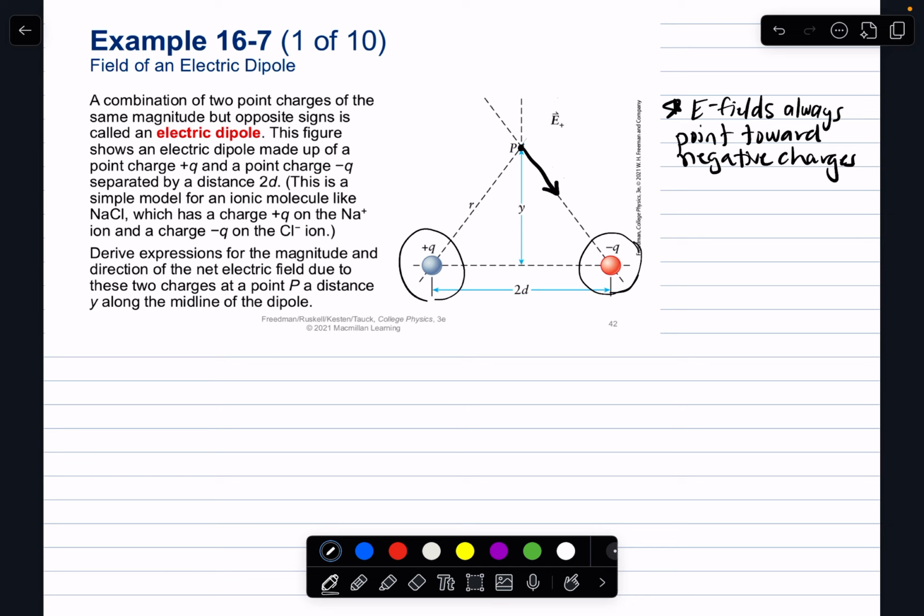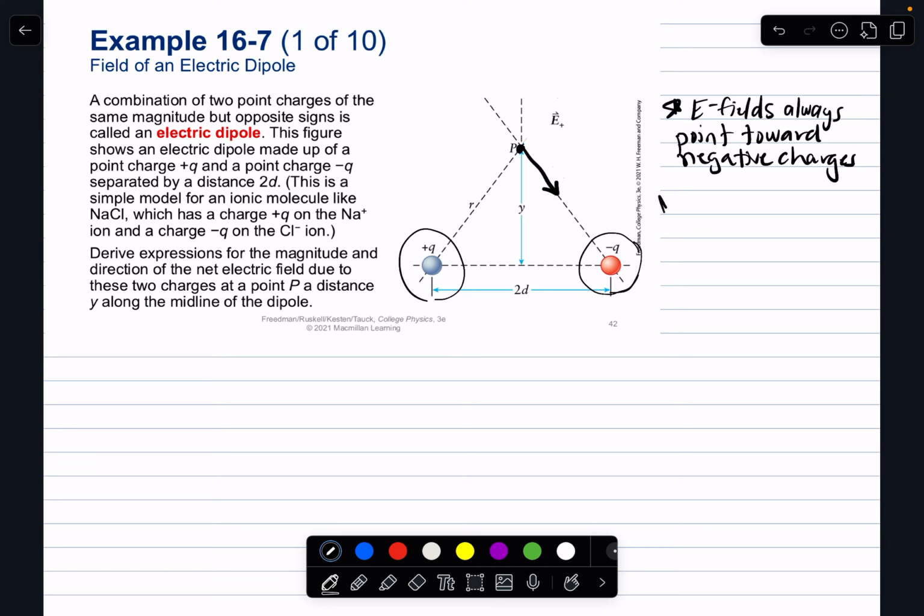What about the positive charge here? Well, positive charge plus Q is producing an electric field, and that electric field exists everywhere in space. We are concerned with where the electric field is pointing at point P due to the positive charge.